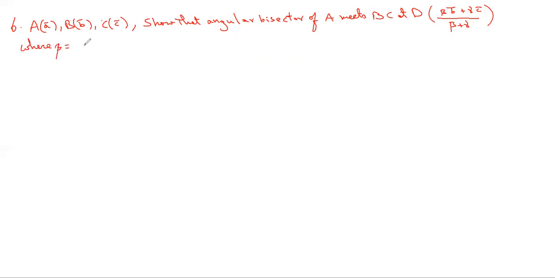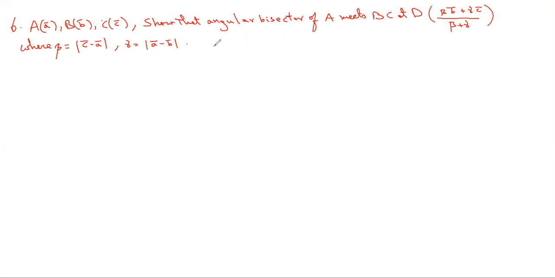beta equals mod C bar minus A bar, gamma equals mod A bar minus B bar. But that's not the end of the question.